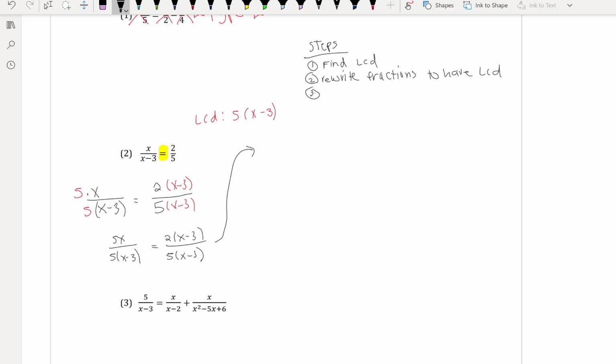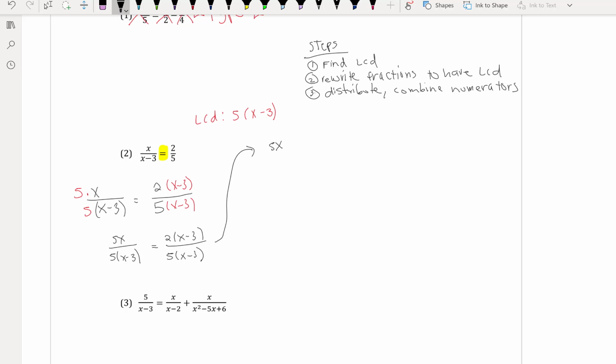Step number 3 is going to be to distribute and combine numerators. So that's going to be the next step that I'm at.